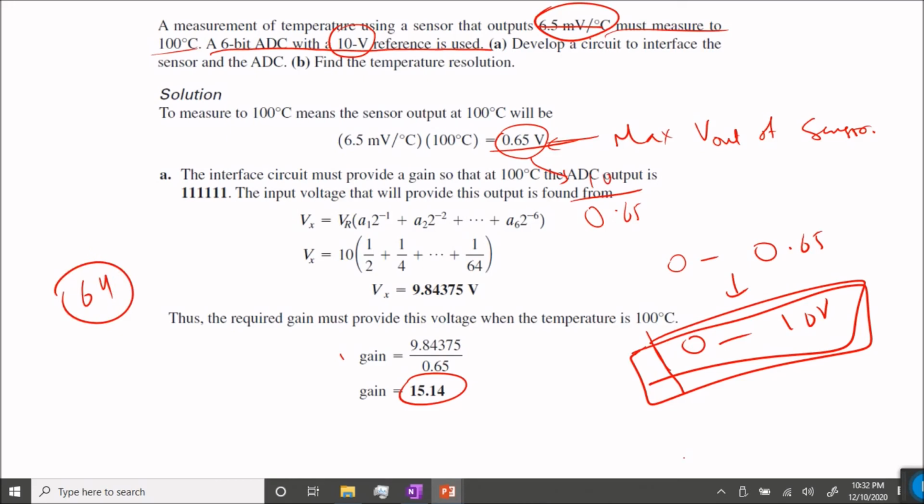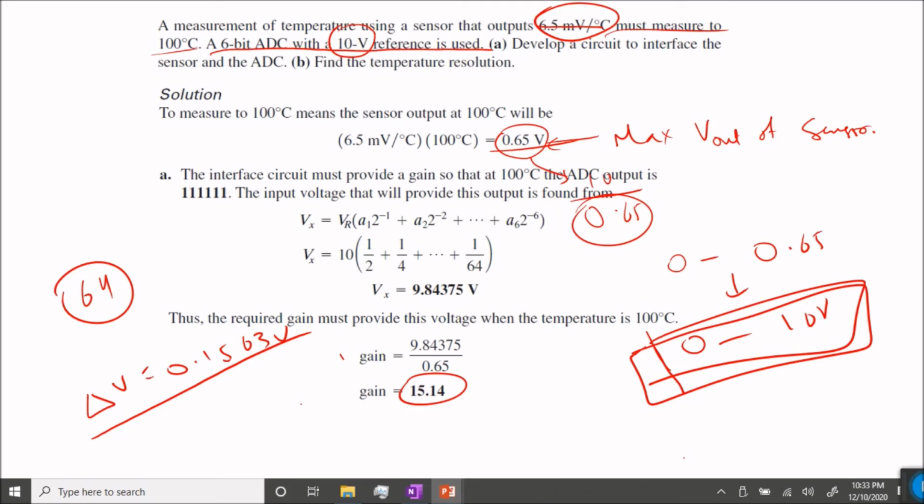So it can count maximum up to 64. With a 10 volt reference, what is the resolution? 10 over 64. The resolution, the del V in this case, is 0.1563 volts. And if our maximum input voltage is 0.65, how many steps are we getting?